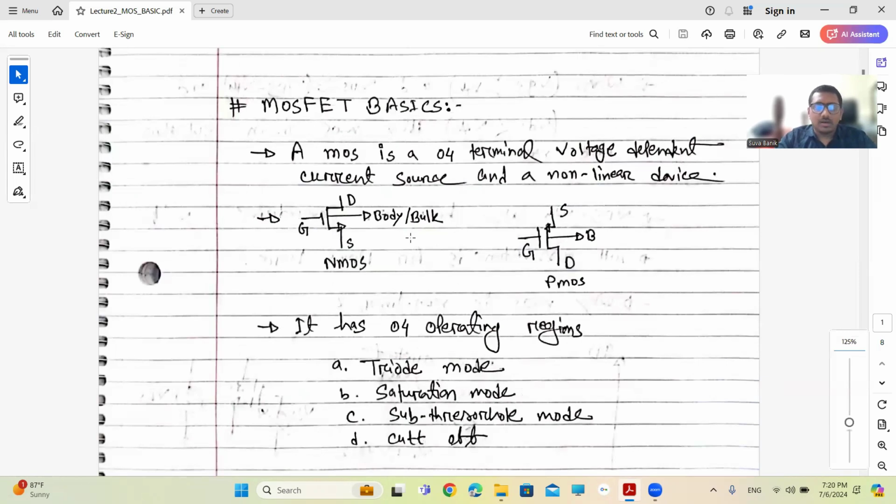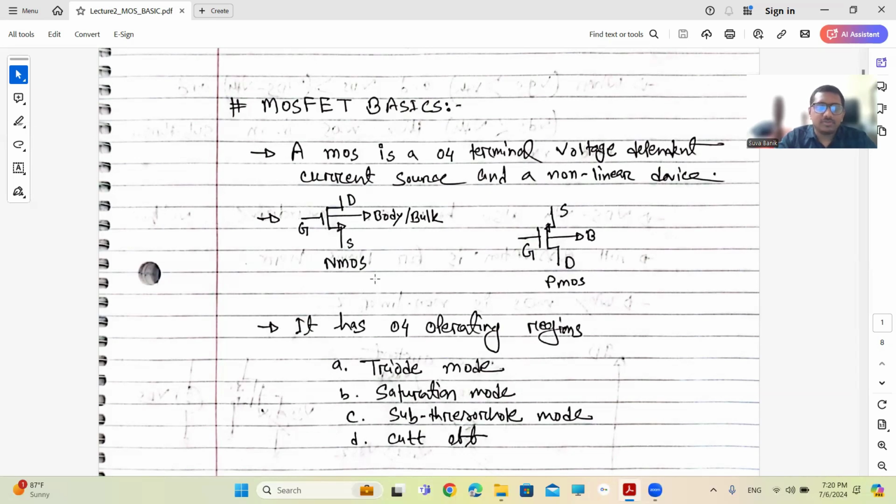Although the properties of NMOS and PMOS are the same, I mean the operational reasons and everything are the same, there is a little difference: PMOS always carries a negative sign.